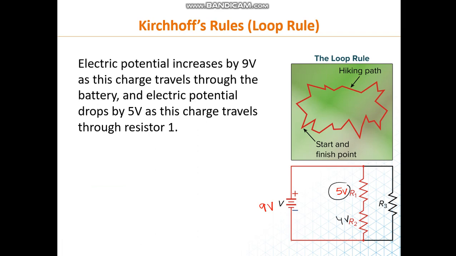If I add 5 volts and 4 volts, this will give me back the 9 volts. So if we apply Kirchhoff's loop rule, delta V equals 0: positive 9, minus 5, energy lost, minus 4, again energy lost, equals 0. It's a very simple concept, but it will be very helpful for us in solving problems.